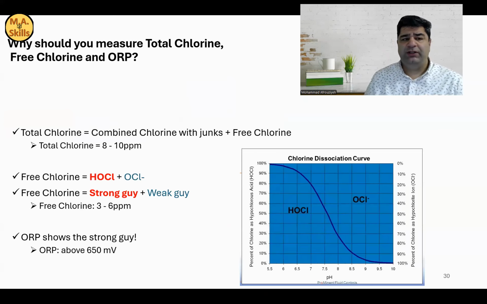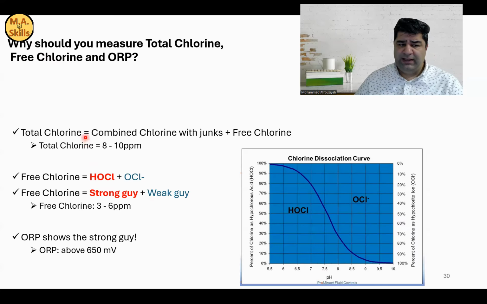So the question is, why should you measure total chlorine, free chlorine, and ORP? Total chlorine is the combined chlorine with junks plus free chlorine.